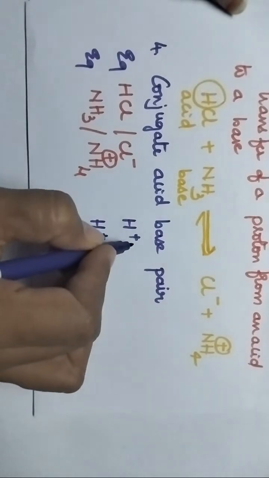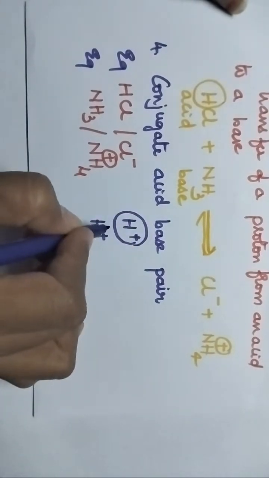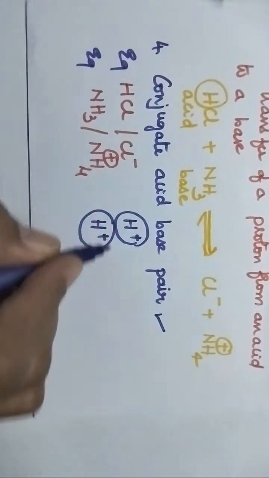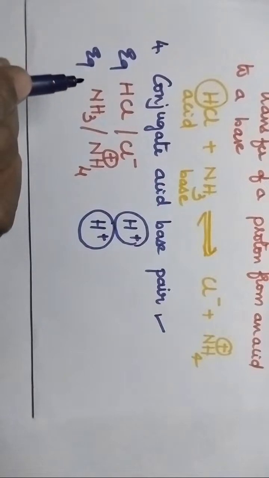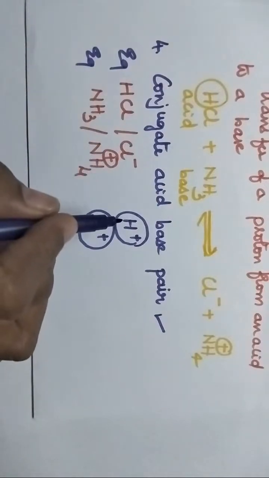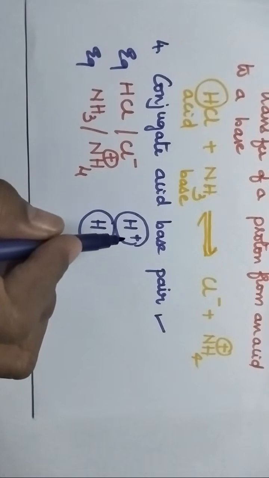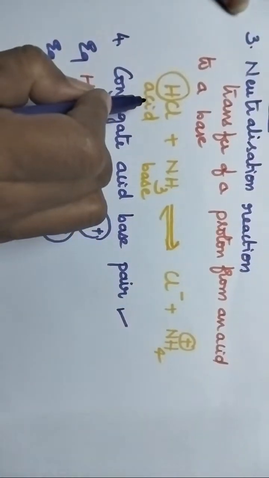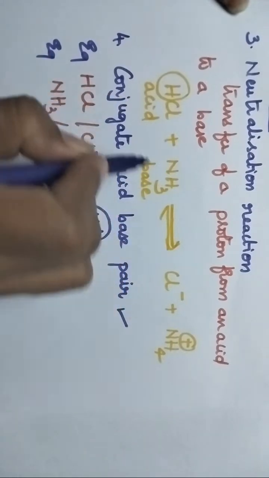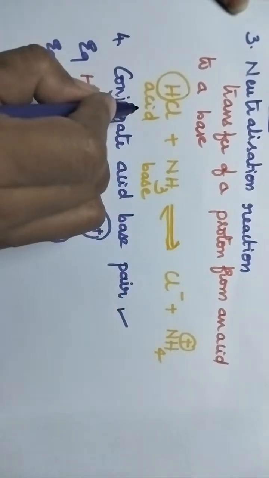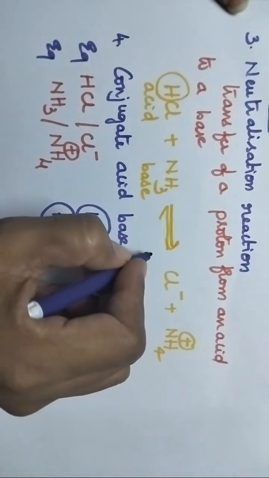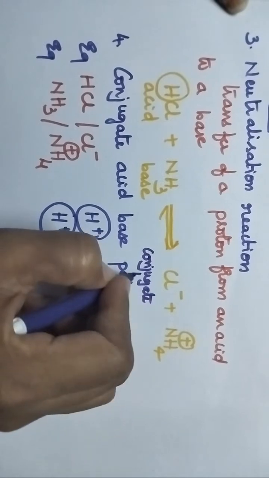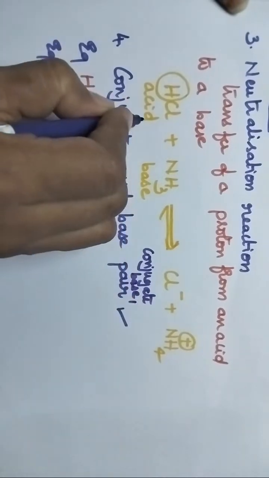Again H plus. So an acid base pair differing by only one proton is called a conjugate acid base pair. If we carefully observe the above example, HCl and Cl minus differ by only one proton. So Cl minus is the conjugate base of HCl.